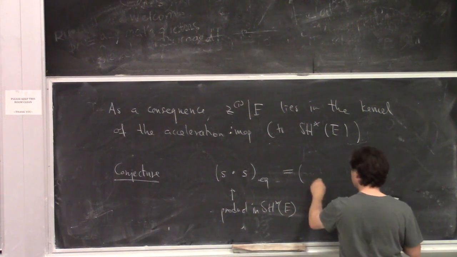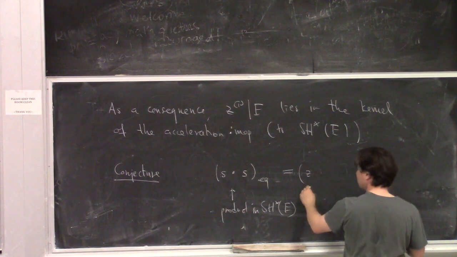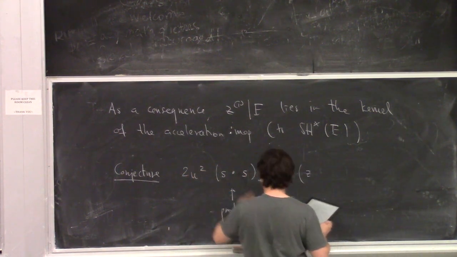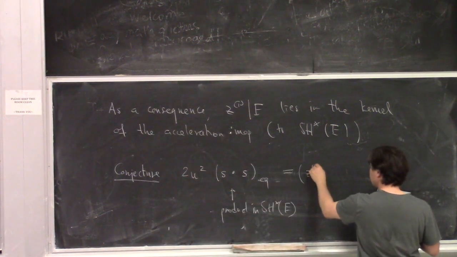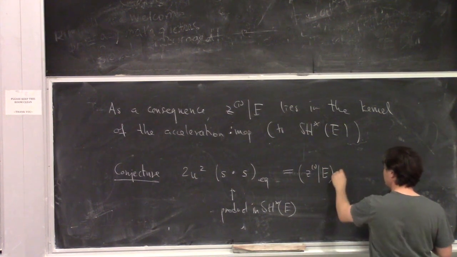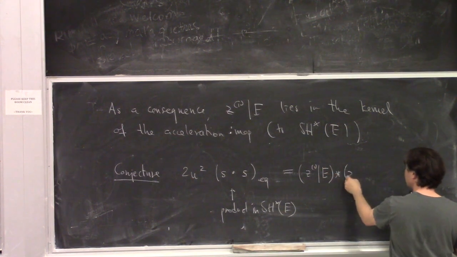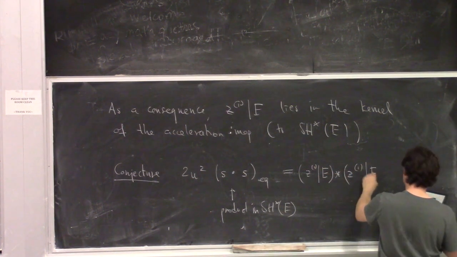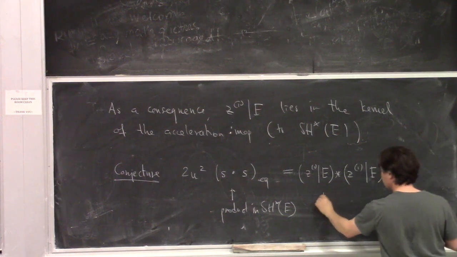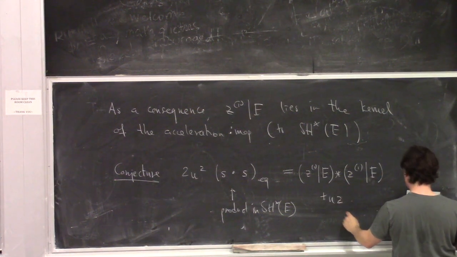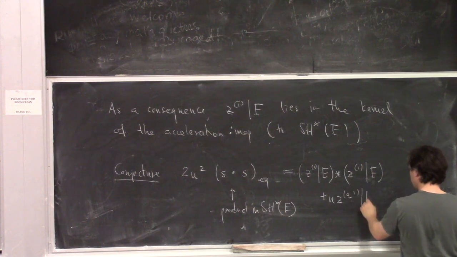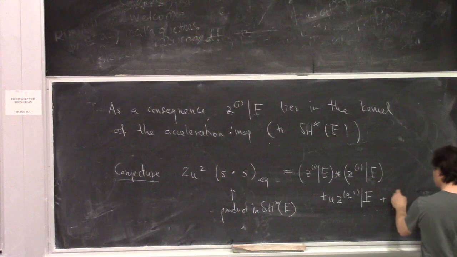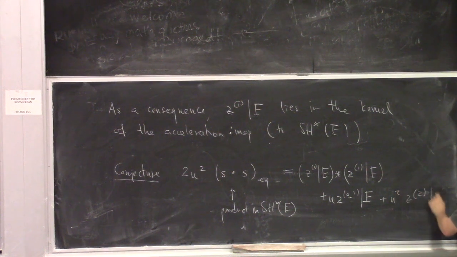So the answer is, well, you should multiply it by something, and then it's the previous thing that I stored. This is the quantum product here. Okay, quantum square plus U times Z 0, 1 E plus U squared Z 2 E.